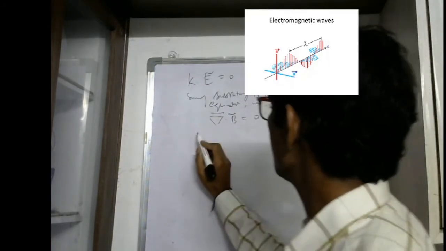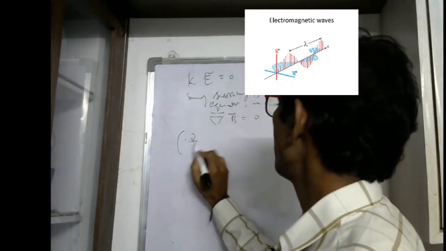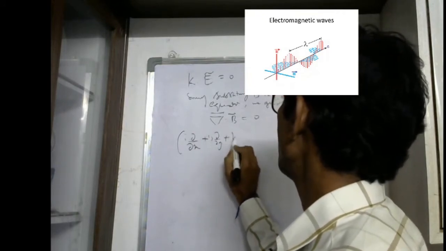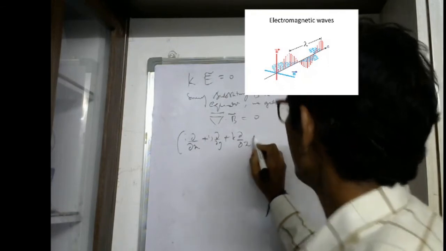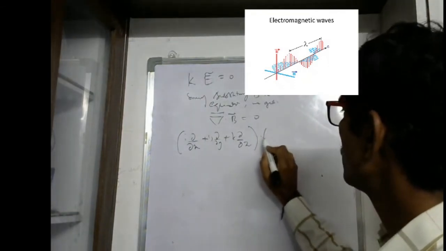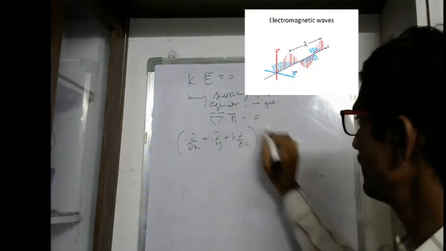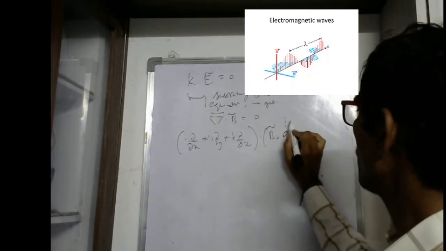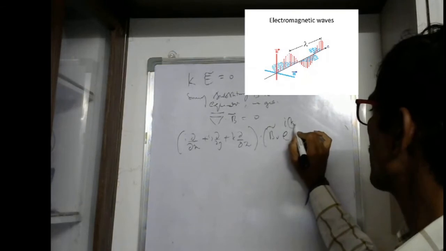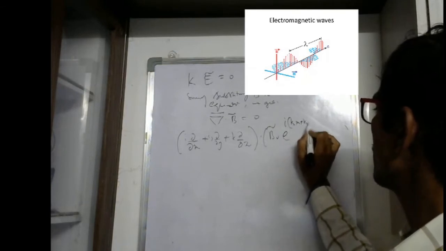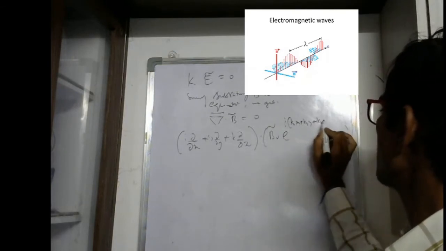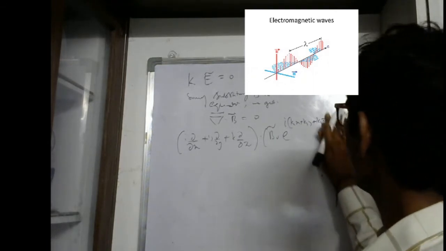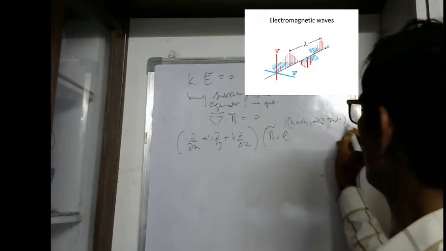Here also you write i del by del x, j del by del y, k del by del z, dot, what is this? Let's say this is B tilde, B naught e to the power of i, k dot r, meaning kx x plus ky y plus kz z minus omega t.